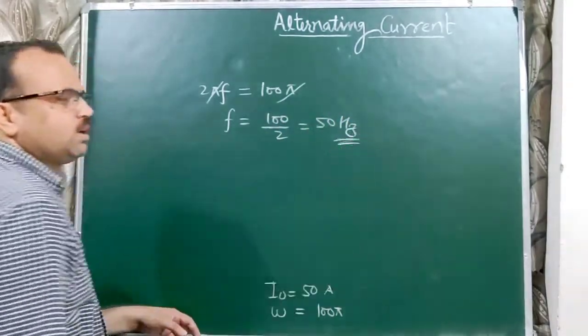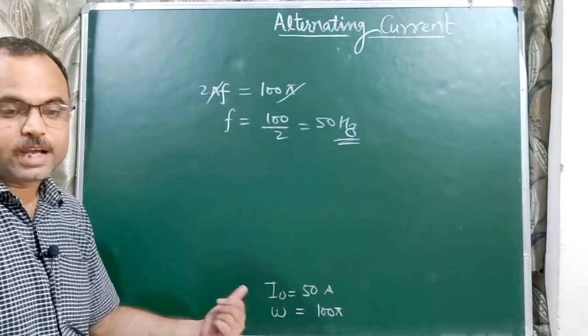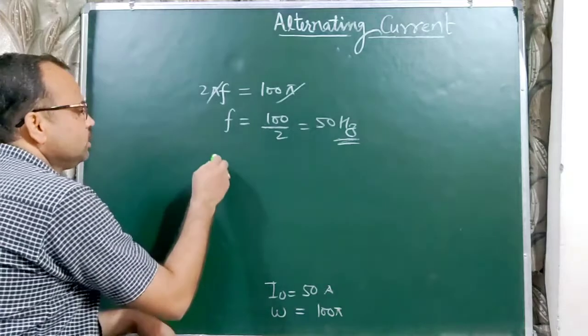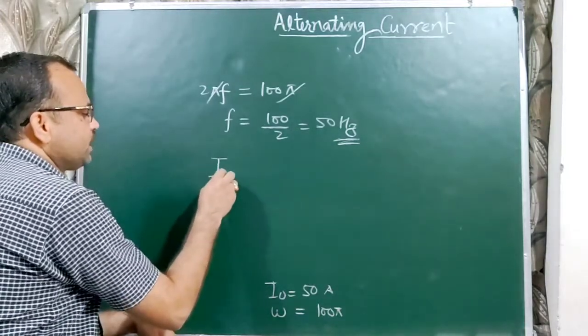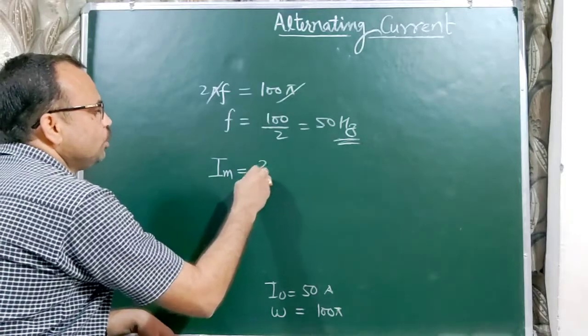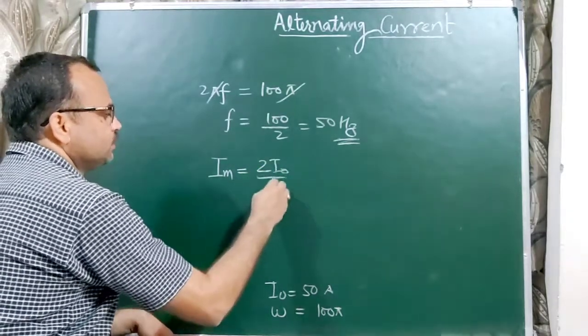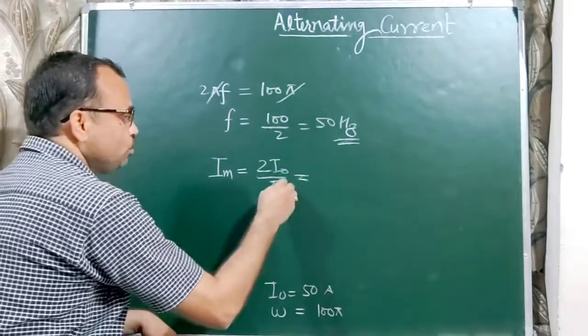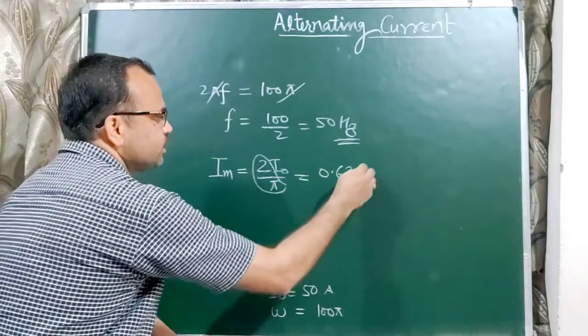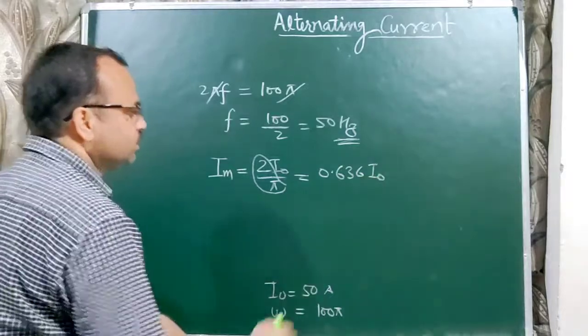Okay. After that, in second part, we have to calculate mean value of AC in half of cycle. So Im is equal to 2 I naught upon pi, and 2 upon pi, its value is 0.636 of I naught. Right?